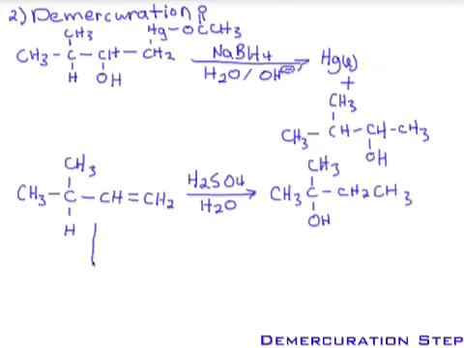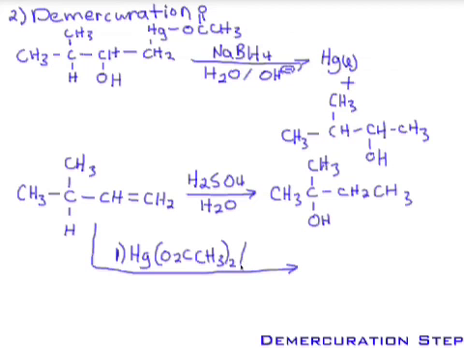But if I use 1, Hg(O2CCH3)2, that's the acetate, twice, / H2O. Watch that. That H2O is crucial. If I use methanol here, I get an ether. And then 2, what was it?